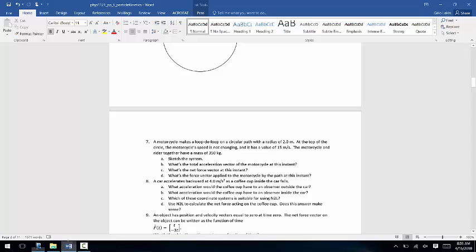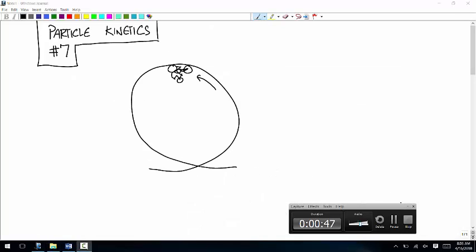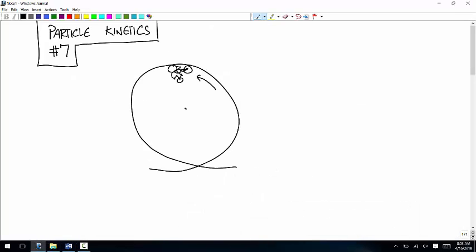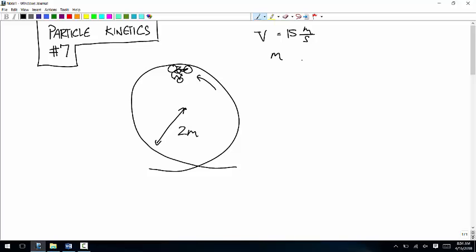The radius is 2 meters. The speed is 15 meters per second. The motorcycle and the rider together is 350 kilograms.